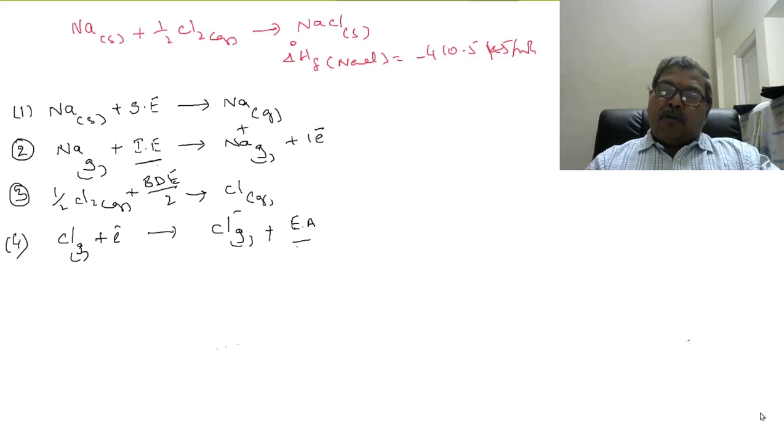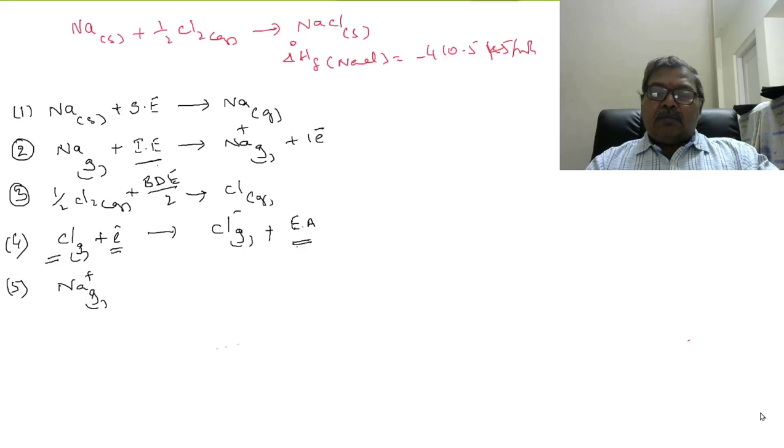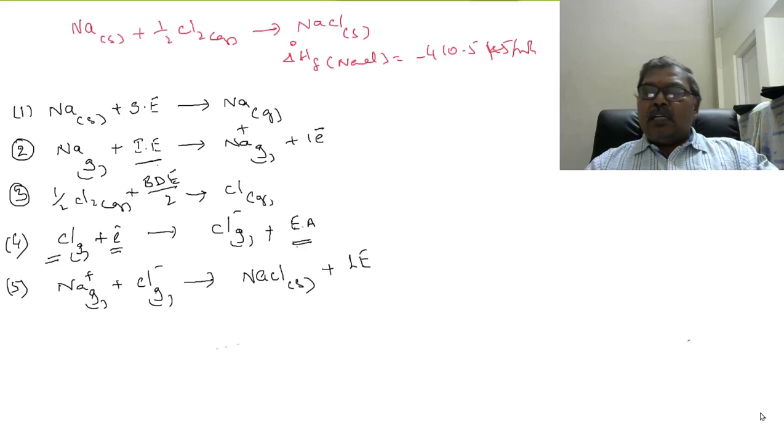It is the amount of energy released when an electron is added to the outermost orbit of neutral isolated gaseous atoms. Now, gaseous Na plus ions and gaseous Cl minus ions combine to give NaCl solid. Here, energy is released. It is called lattice energy. This reaction is an exothermic reaction.